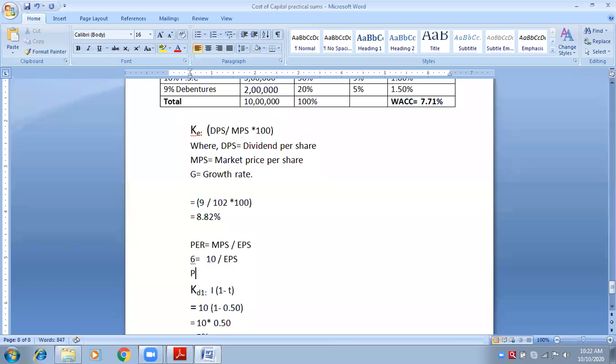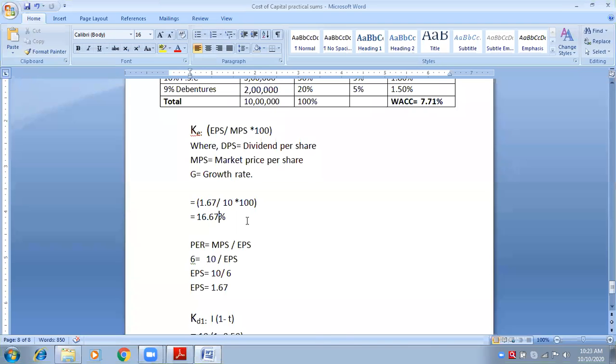So EPS is equal to 10 by 6. What is 10 by 6? Use calci and let me know the answer. 1.67. Is it correct? Yes, ma'am.